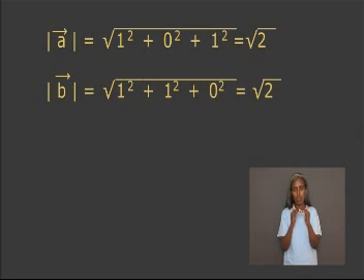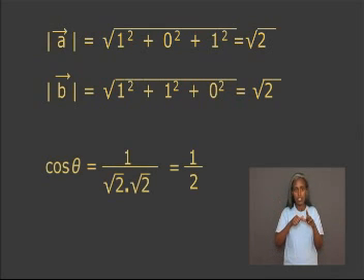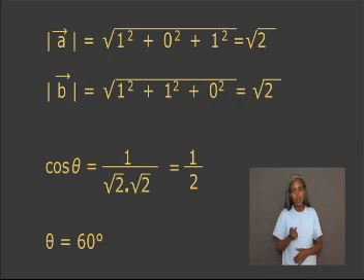Thus, it is also equal to the square root of 2. The cosine of the angle is 1 over the root of 2 multiplied by the root of 2, or 1 over 2. A quick check of our tables tells us that a cosine of 1 over 2 means an angle of 60 degrees. We have calculated the angle between the vectors.